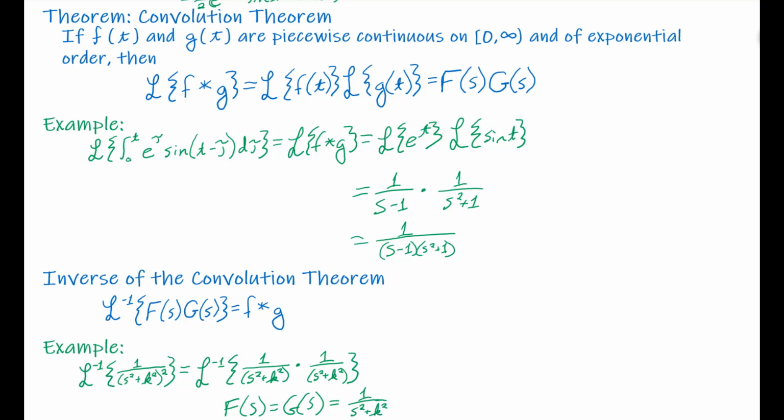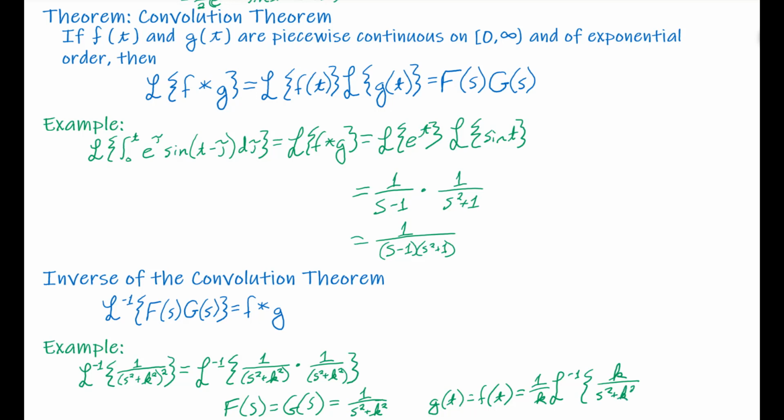And I look at that and I go, you know, I didn't have anything that didn't have an s or a k in the numerator. But it was okay that it didn't have the k, because I could make up for that by strategically multiplying by 1. So what this really tells me is that g of t and f of t, they're the same, and they're going to equal 1 over k times the inverse Laplace transform of k over s squared plus k squared.